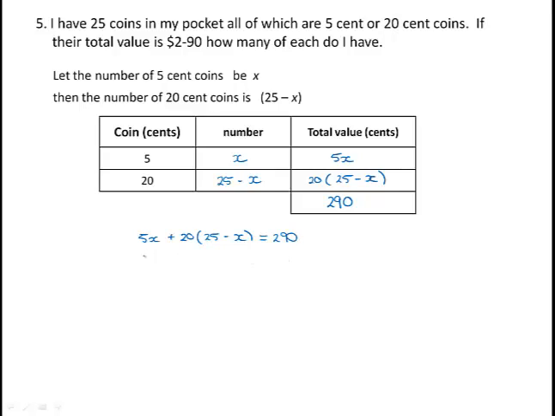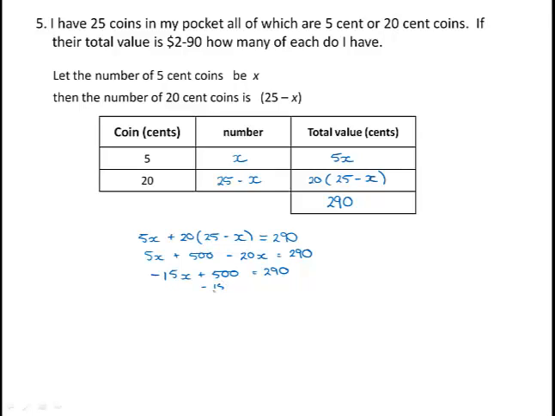And now we solve the equation. Expanding on the left, we have 5x plus 500 minus 20x equals 290. Simplifying gives us minus 15x plus 500 equals 290.